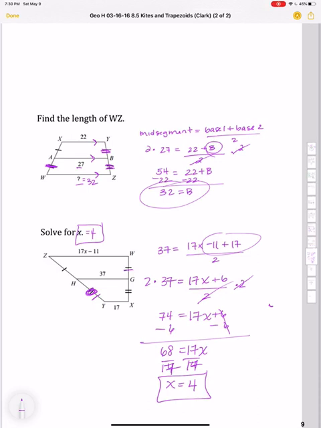I didn't make them. But yeah, because it cuts each segment in half. It goes from the midpoint of one segment to the midpoint of the other segment, so they have to be cutting those segments in half. So that was just a mistake on those graphs.